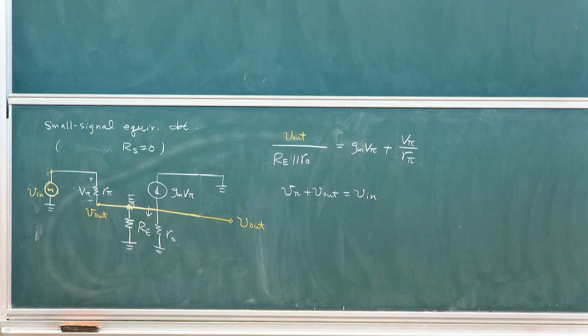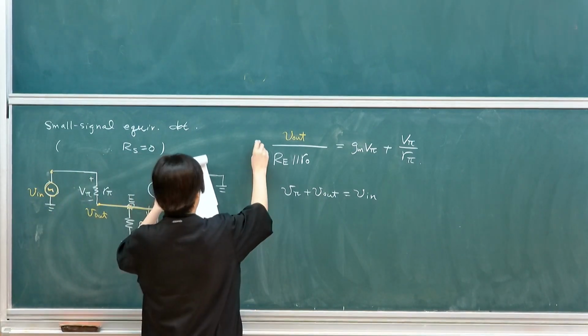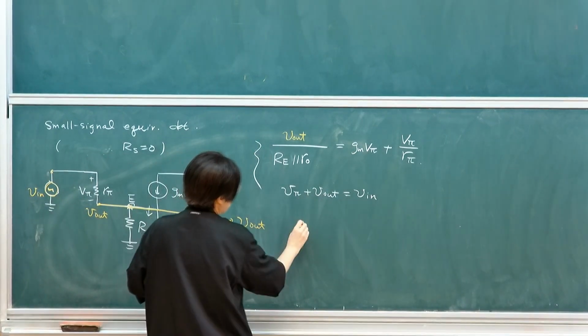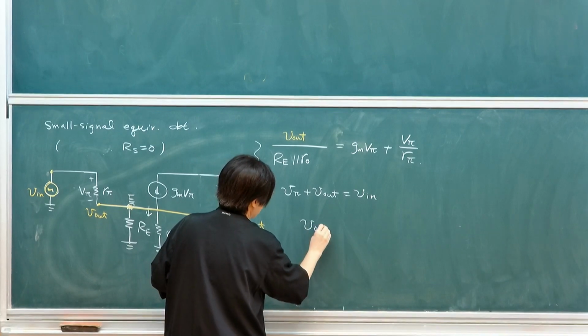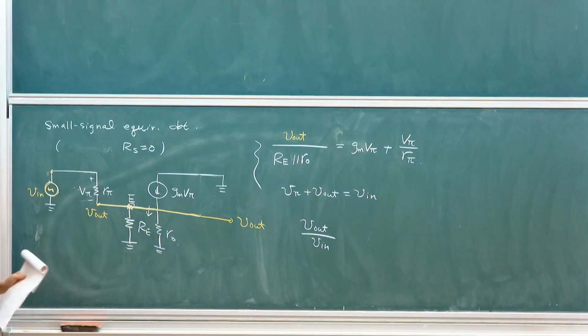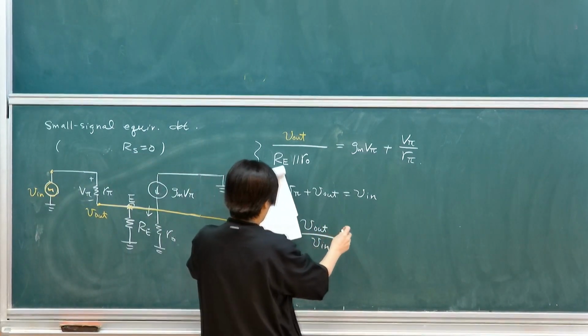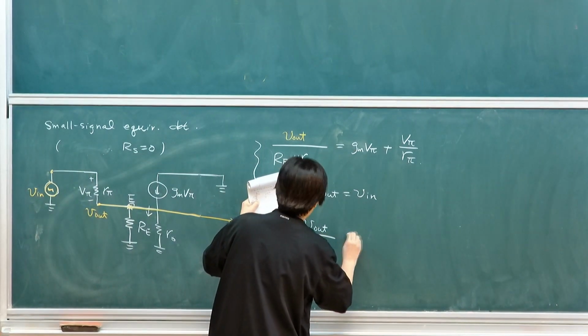Did I make this? Okay, good. Let's make sure that I didn't get it wrong. Okay. So using these two equations, I could summarize it to get the output and input relationship. You can do some rearrangement to make V pi a function of Vin, and then we could get the ultimate result.